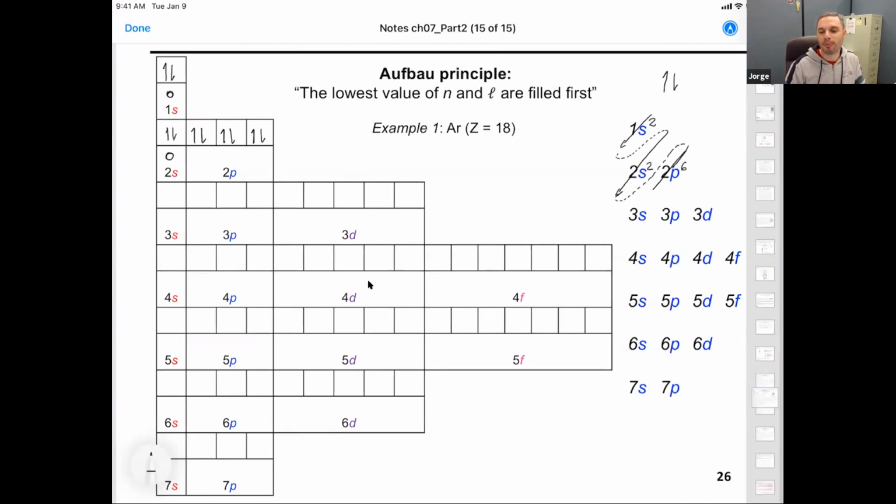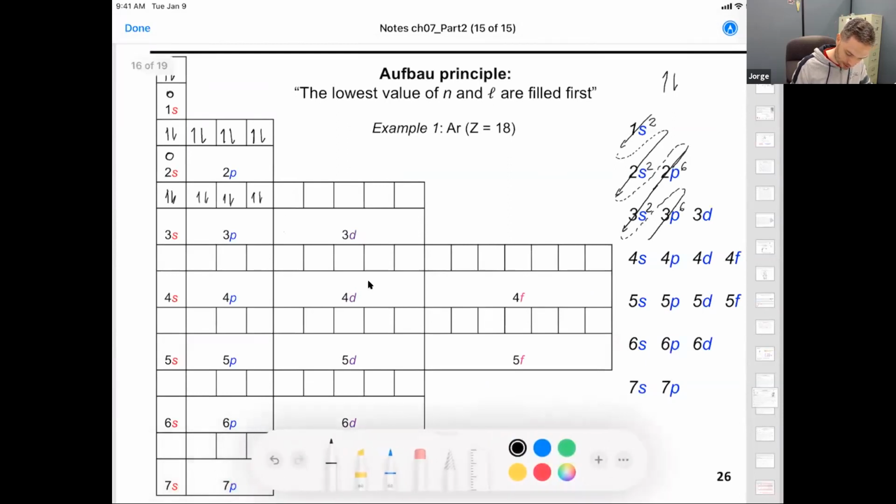We have to keep moving because we have 18 electrons to be filled along the shells. The next one is the 3s, and that's going to have 2. After the 3s, we move all the way up to the 3p, 6. 1, 2, 3, 4, 5, and 6.